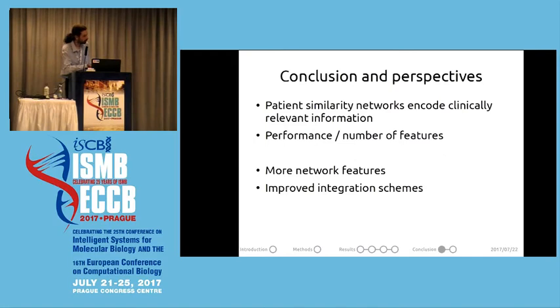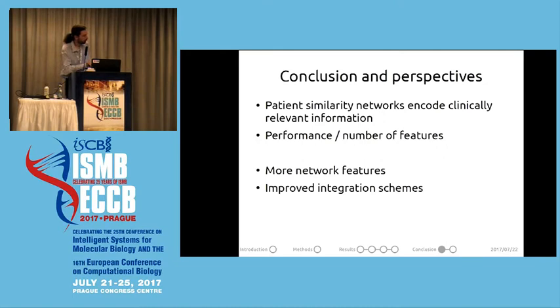On average, the performance, I would say, is on a par with the performance of models using the omics data directly. However, the number of features is much less. For perspectives, there are numerous, but I wanted to highlight the two that we are going to do in the following months.